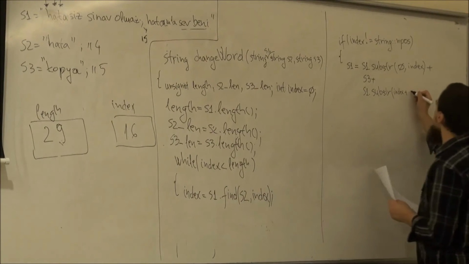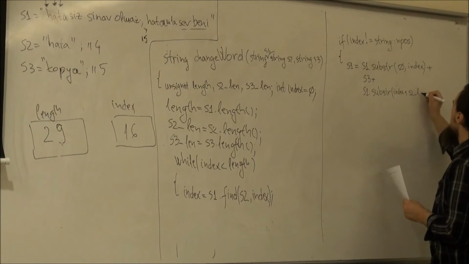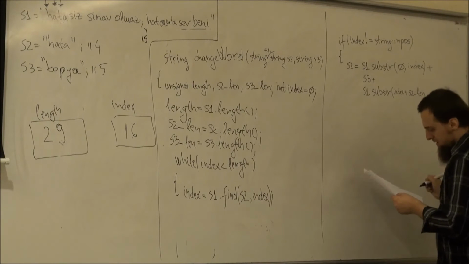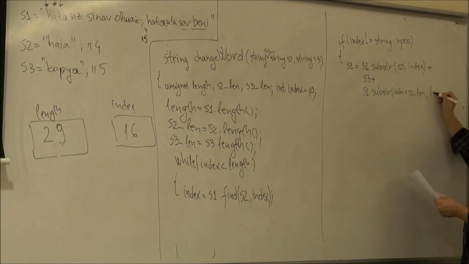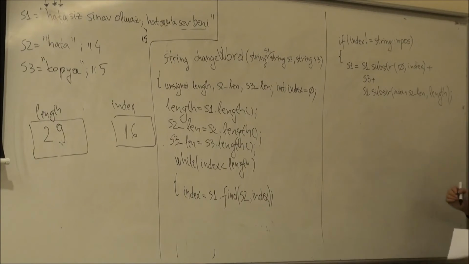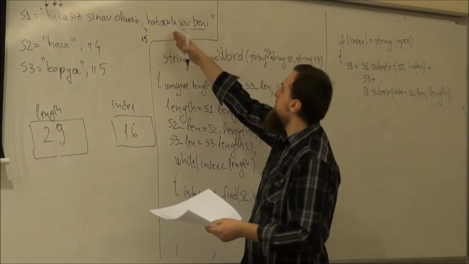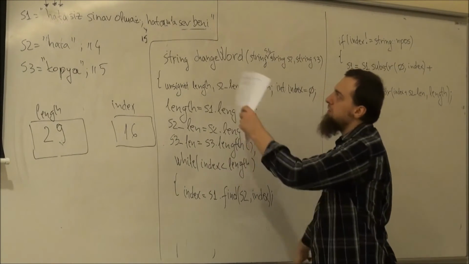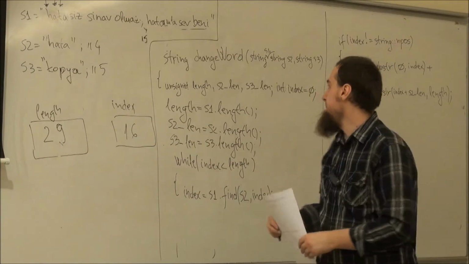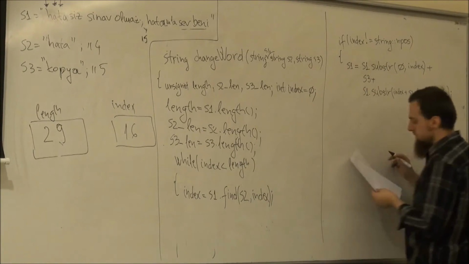So index plus S2 len up until the end, which is length. Of course, it's not exactly the length, but when we put something greater, we take all the characters. If we have 10 characters here, when we put 100 as a length, we take everything up until the end. Okay? So this is it.